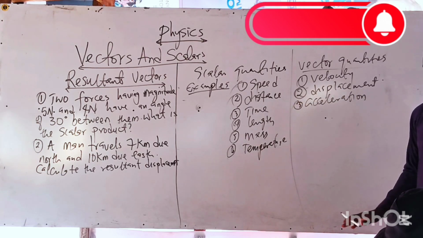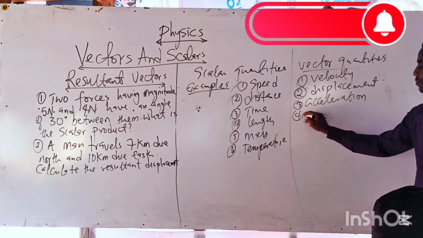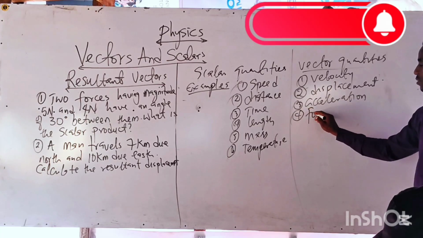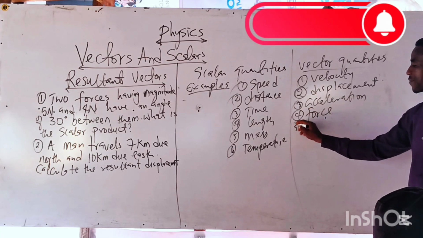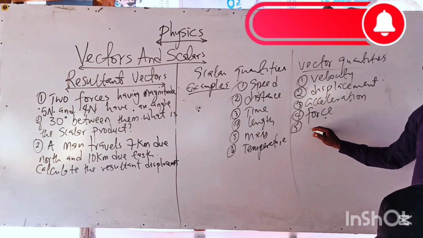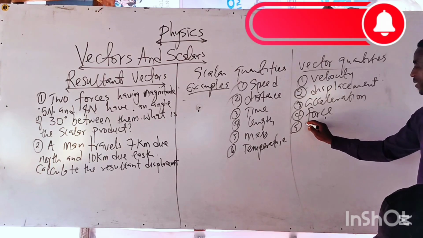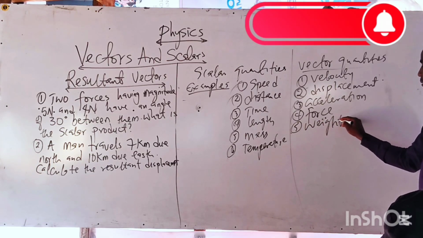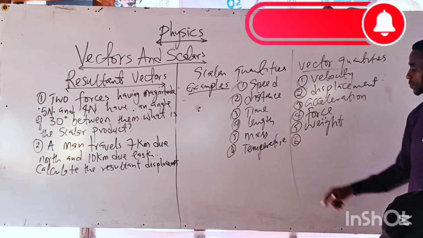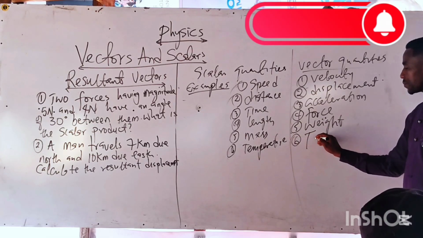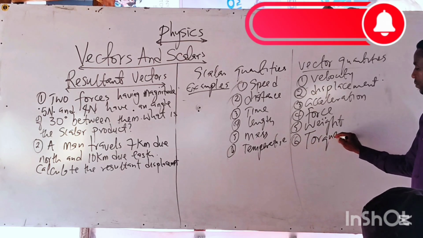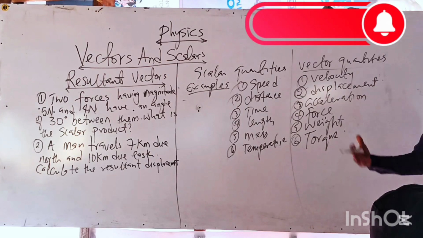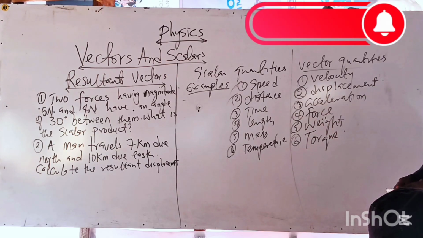I hope you are getting the point. Four, force. Five, weight. Six, torque. All right, so we have many, but let's pick these.